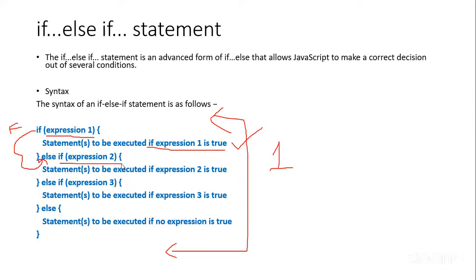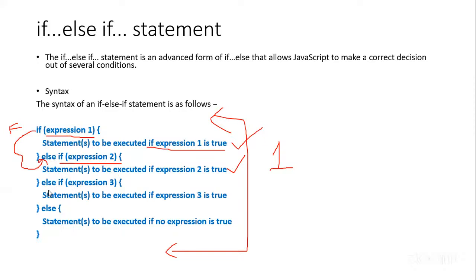The second expression also may be either true or false, depending on the condition we framed and the value the variable has. We don't know that because we are not mentioning certain values here. If expression two is true, then this part will be executed. But expression two may or may not be true.